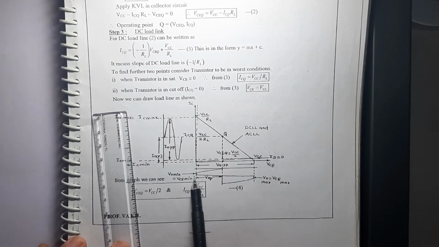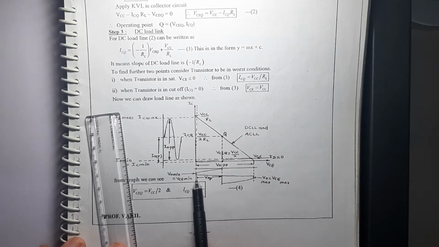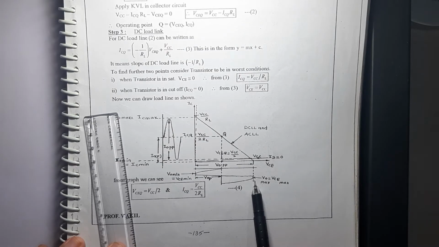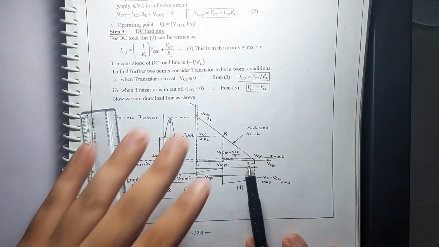Hence this point will be known as VO min, or in other words VCE min, and यहाँ पे I'll be having VO max or output voltage max, which is equal to VCE max.